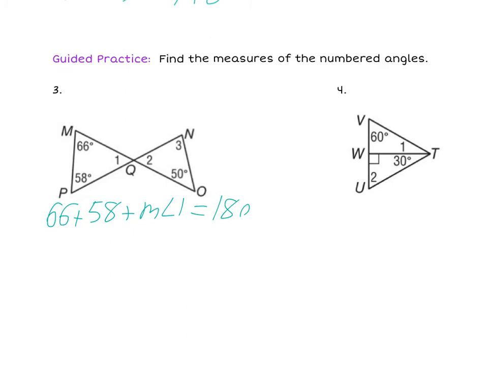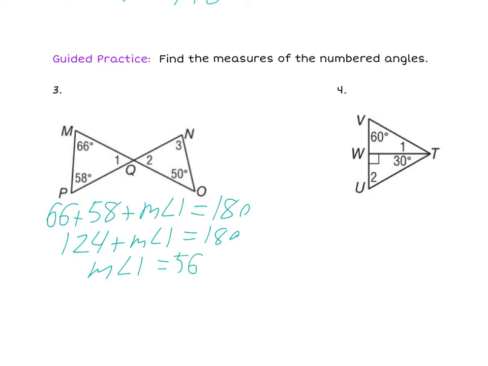Combine our like terms. Well, 66 plus 58 would give us 124. So 124 plus the measurement of angle 1 equals 180. Subtract 124 from both sides. The measurement of angle 1 is equal to 56.